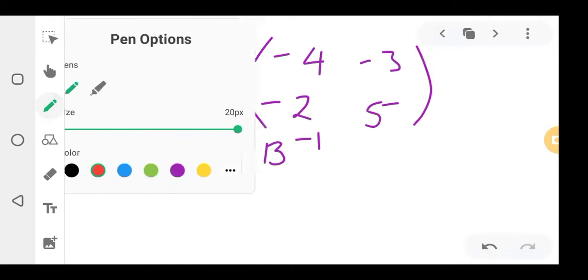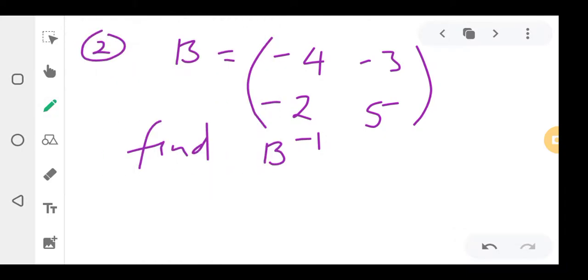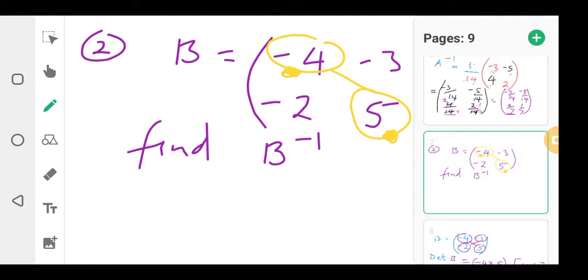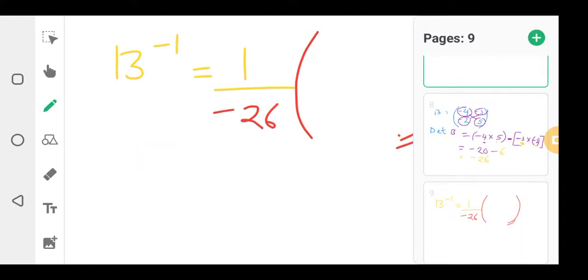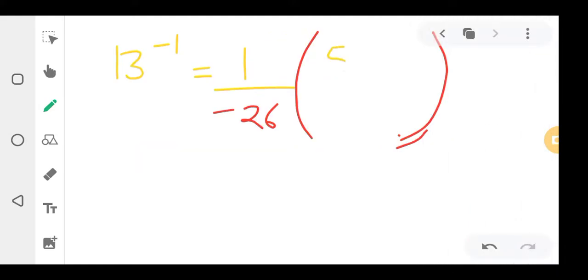What did I say when you're finding the inverse? I said this one switches position with that one. 5 goes where -4 is, and -4 comes where 5 was. They switch positions. That's the first step.